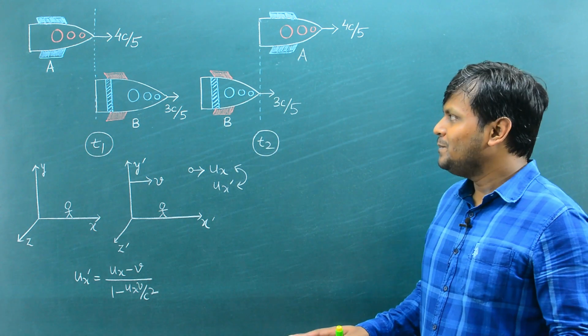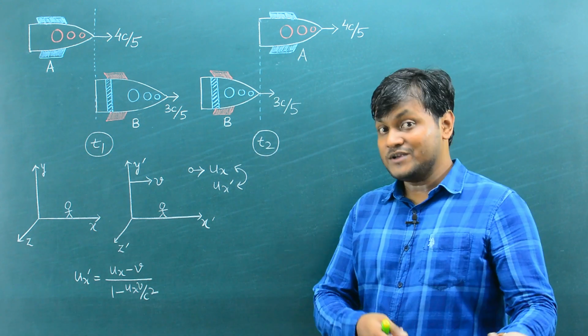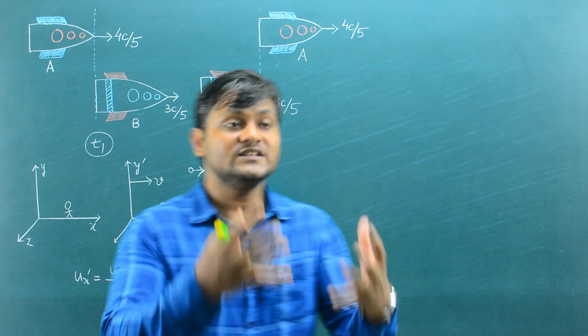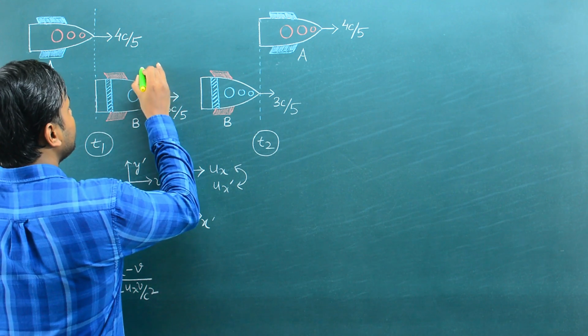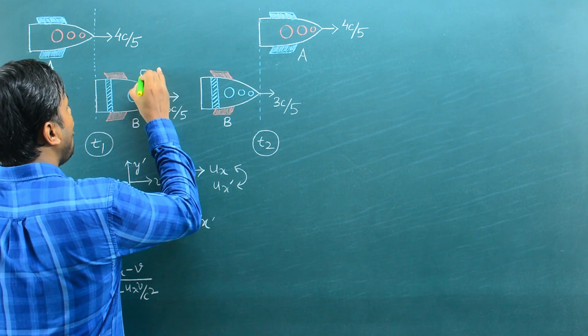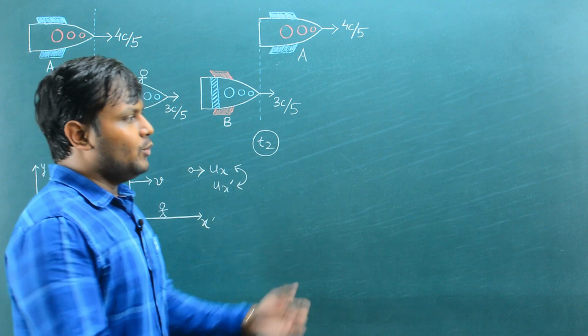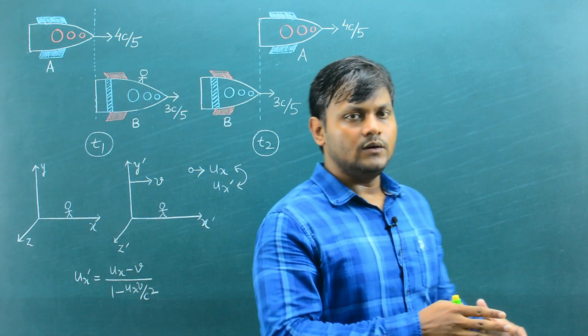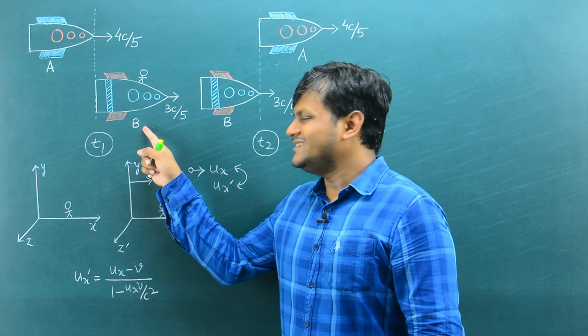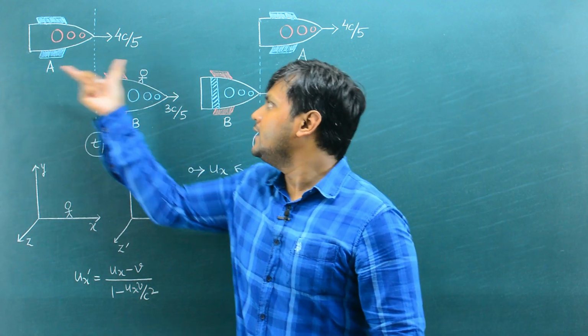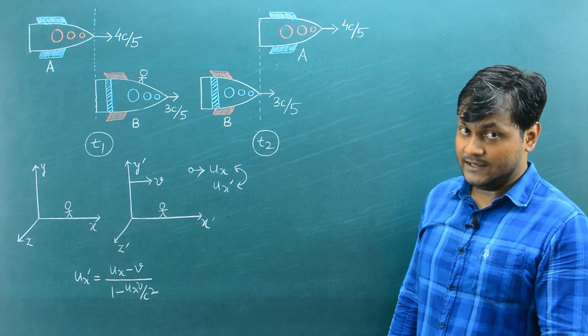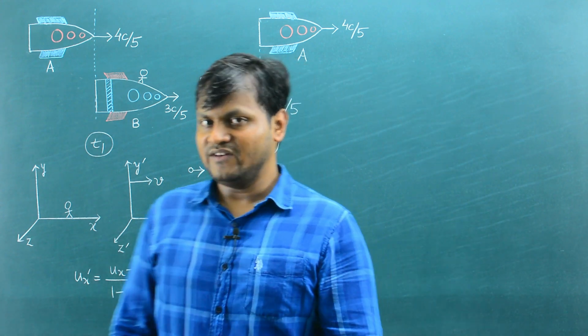Because, as the question says, we want the time with respect to spaceship B, we are making measurements with respect to an observer on top of spaceship B. With respect to an observer moving with spaceship B, I want to measure the time period it takes for A to overtake B completely. For that, I'm going to use this velocity transformation.